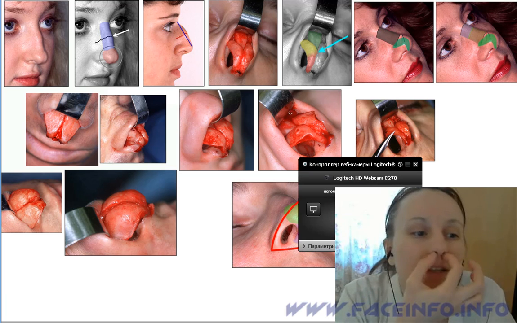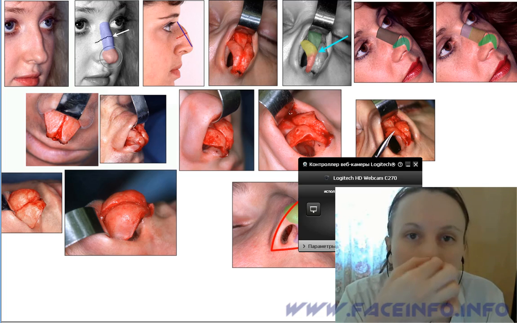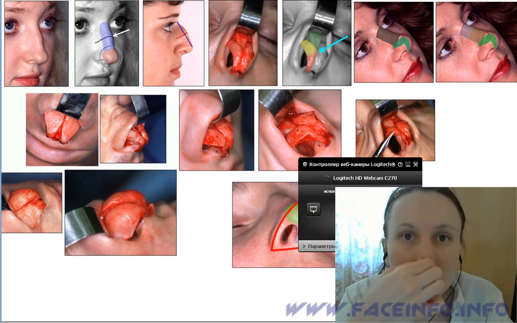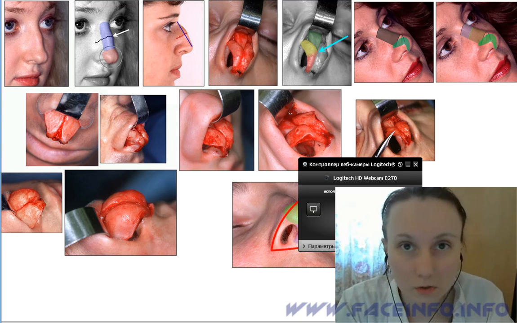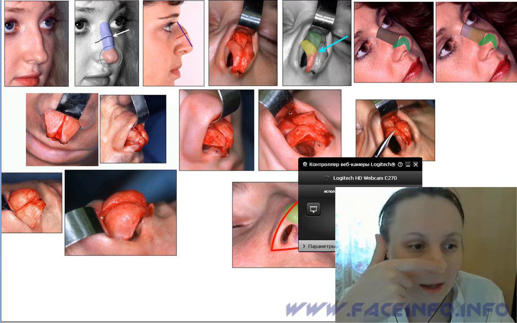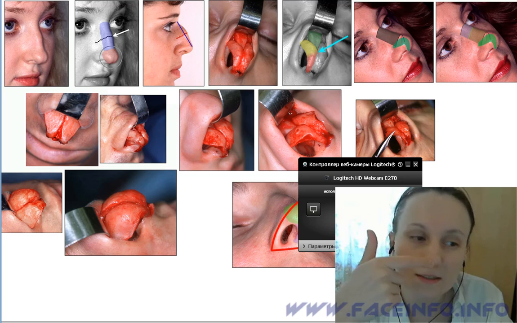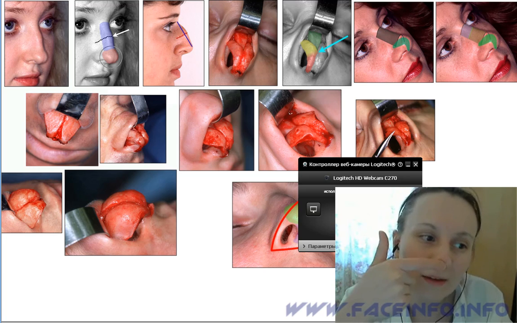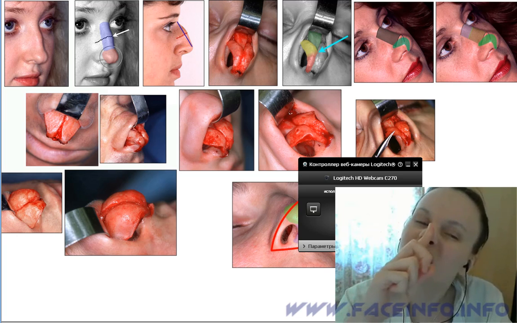So if you touch this spot on your own nose, you can easily pull back the columella and move these greater nasal cartilages together with the skin. And you can also press the nose tip with your finger and feel that there is a distance between the right and the left cartilages there.